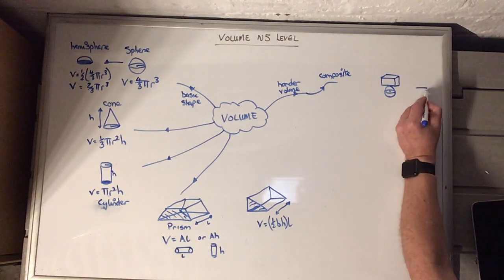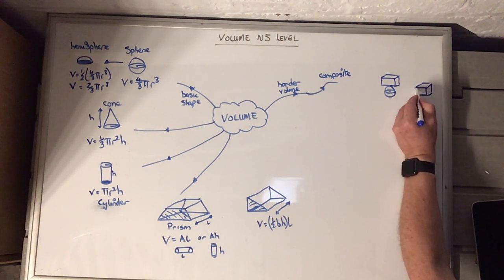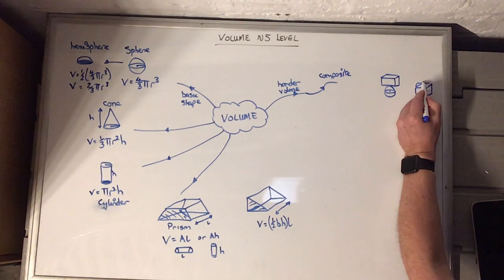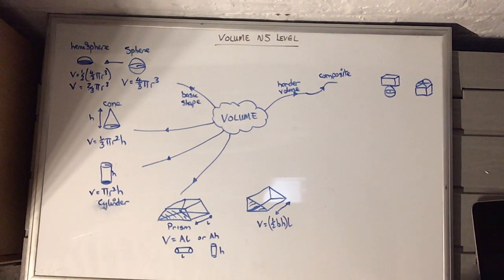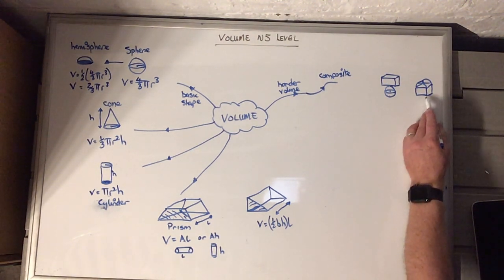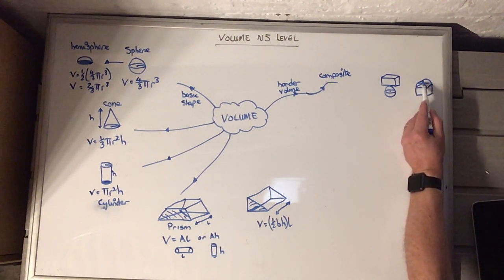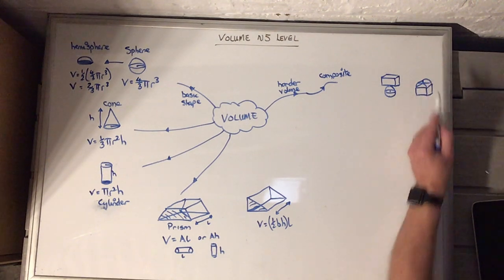I just thought of another one that's quite good. So there's the rectangle. Then you maybe get a semicircle on the top, and you've got to work that out. So that would be the cuboid plus a semicircle, so half a circle times the length.